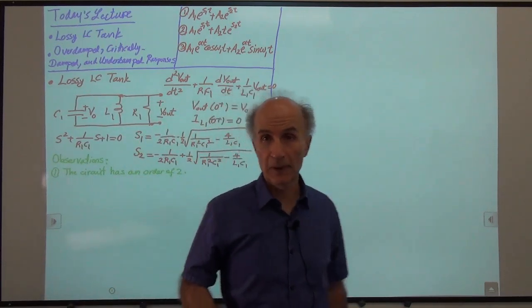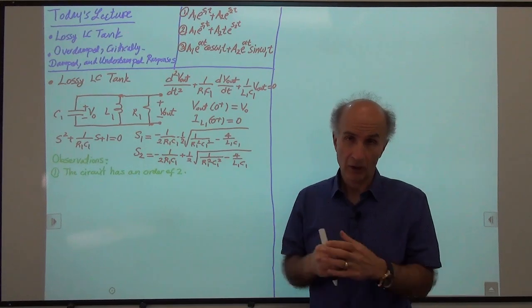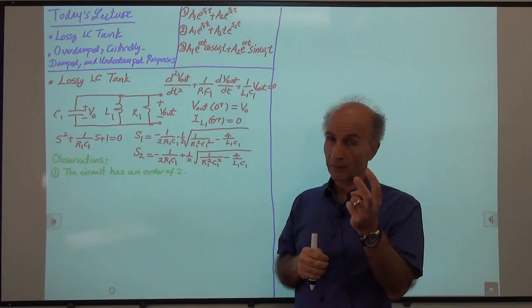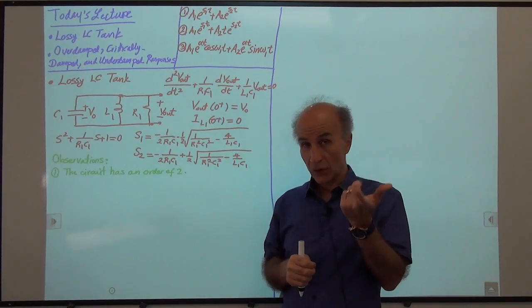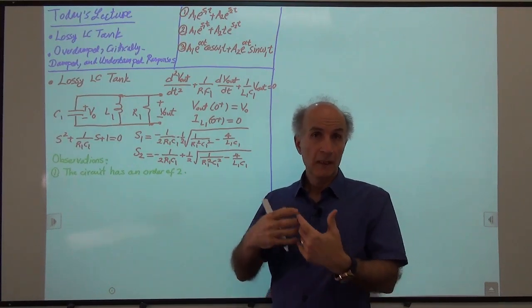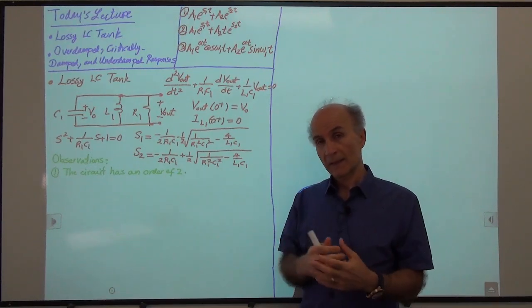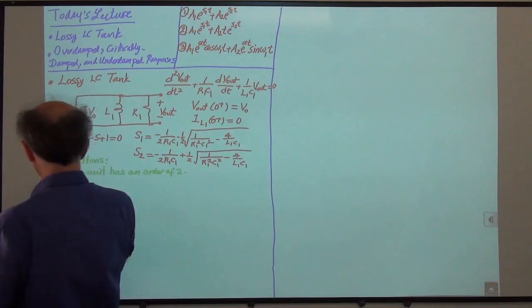What does it mean? It means that the differential equation describing the behavior of the circuit is of second order. We can also see that because we have two different storage elements. One is a capacitor and one is an inductor. Each of these is governed by some sort of differential or integral equation. So when we have two of them, we get a second order system. All right. So observation number 2.